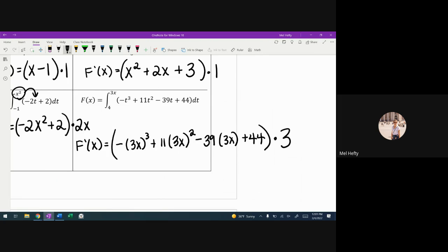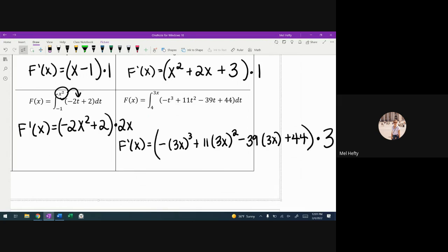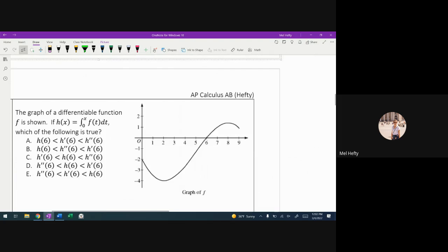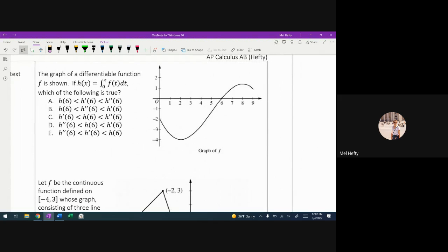Cool. As you can imagine, this is not the most interesting process just in and of itself. So we're going to preview the question we're going to do when we get back from break. Most of the time what happens here is we're going to be looking at our accumulation functions. We saw those a couple of classes ago, but notice now they're starting to ask me about things like H prime and H double prime.